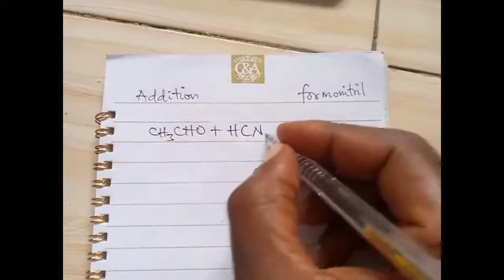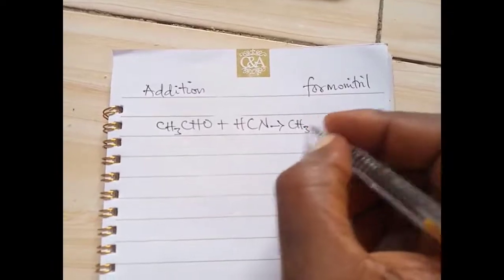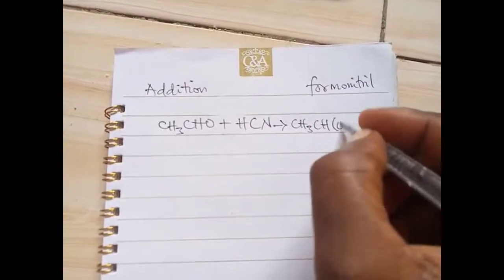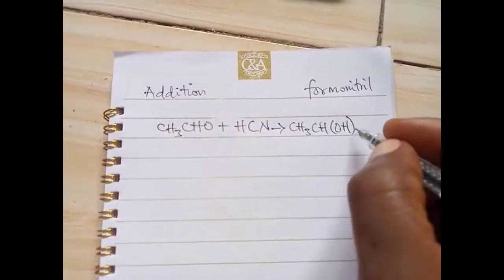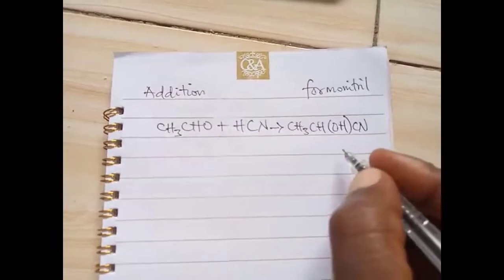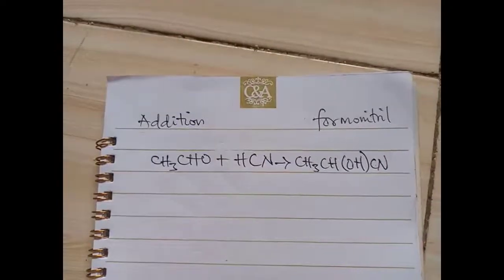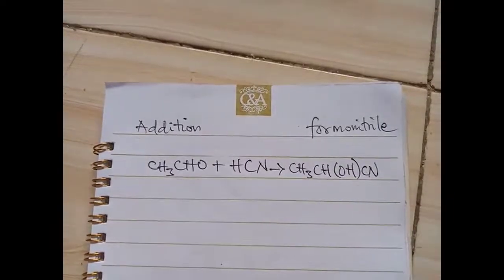So if you react, what you notice is that the product will be CH3CH. Now the oxygen and the hydrogen will detach from the cyanide, and this is what you are going to get. A nitrile.